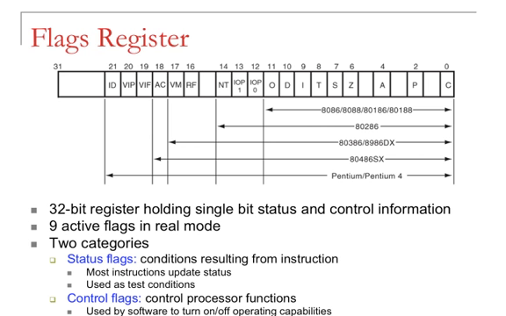The second category of the flag bits is what we call control flags. Control flags are supposed to be written by the programmer to control the processor function. They are used by software to turn on or off operating capabilities.